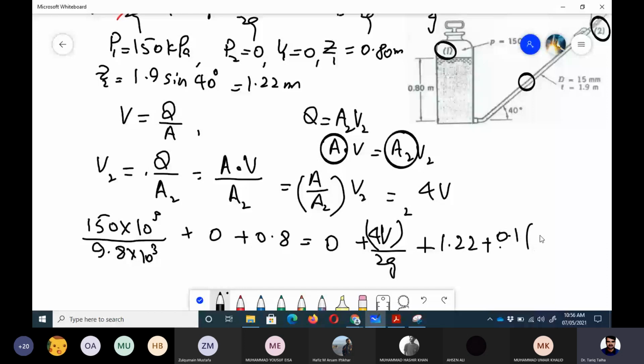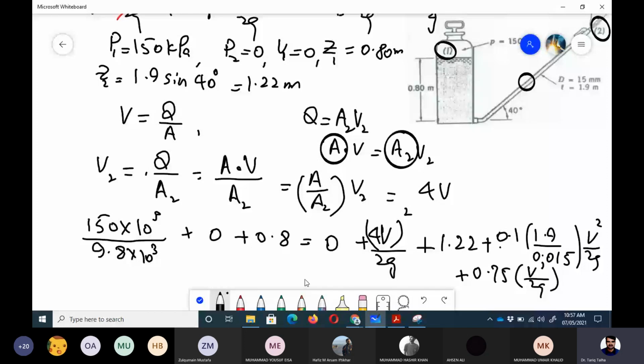So the length is 1.9 meter divided by the diameter, that is 15 mm, so that would be 0.015, into V square upon 2g, plus the KL value, that is given to us as 0.75 into V square upon 2g. So from here we can always get the value of V.